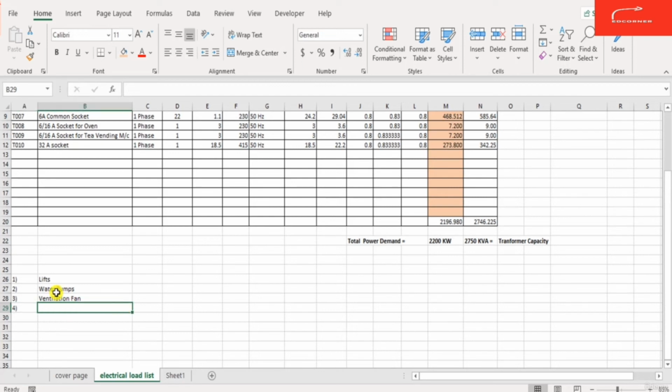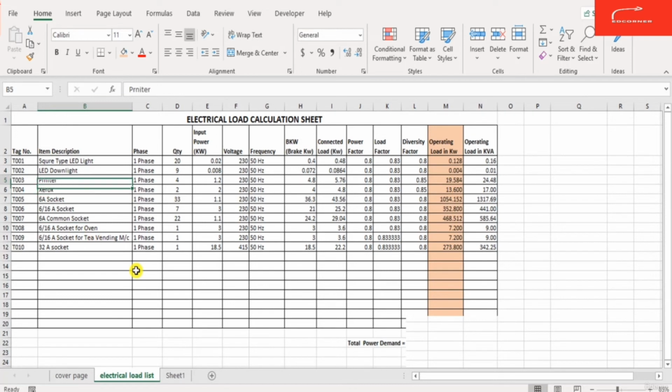So this is just a single office area and a single office electrical load calculation. In that we have taken each and every equipment. If there is a certain tower, we can calculate the entire tower power demand with this kind of Excel sheet. For the power demand we need to calculate the electrical load, and the electrical load has the different phase, quantity, power input, voltage as well as frequency.